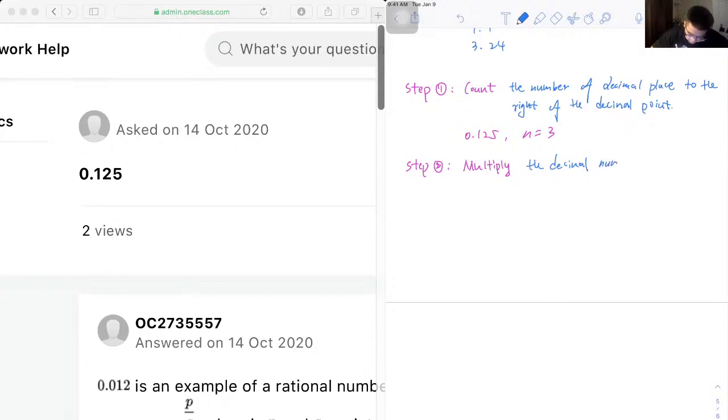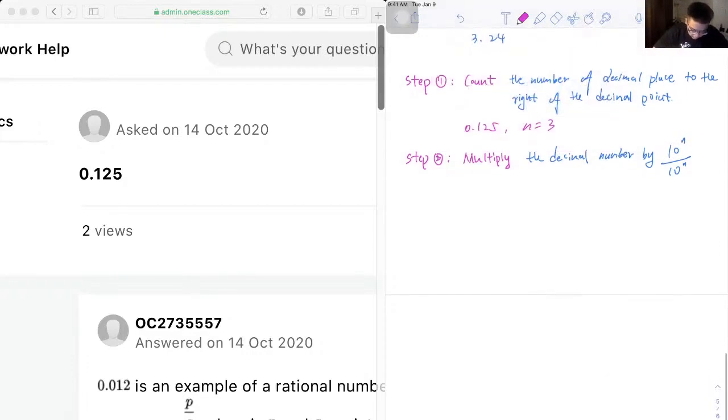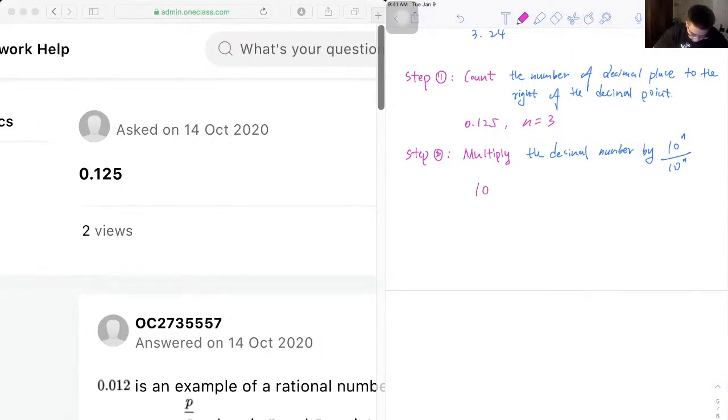In our case, n is equal to 3, so we use 10 to the exponent of 3 over 10 to the exponent of 3 times 0.125.